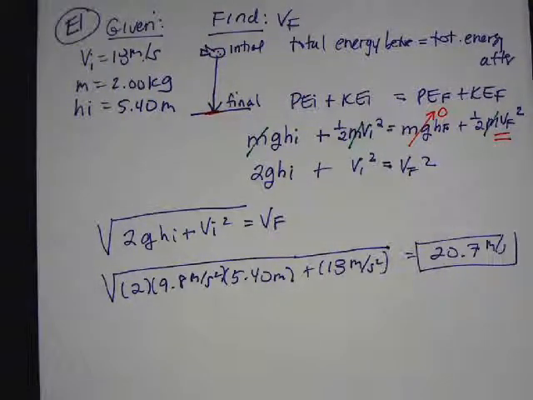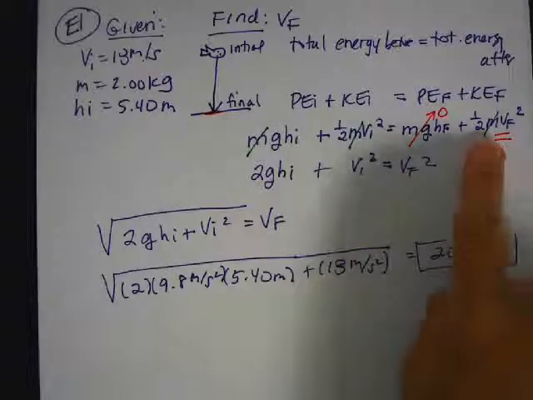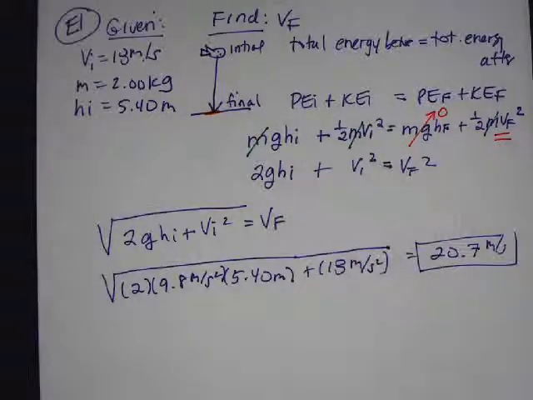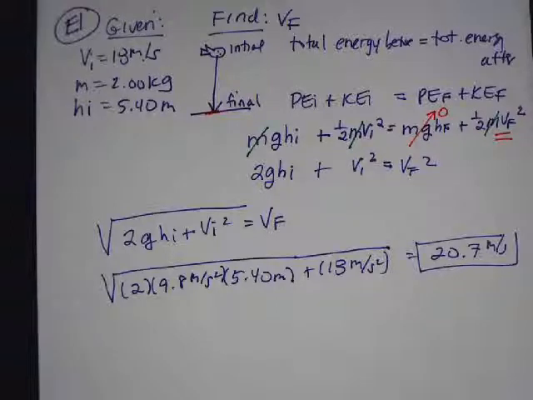You're not memorizing some long equation. Just say the total energy before is equal to the total energy after. The total mechanical energy is the sum of the potential and kinetic. I know potential energy is mgh, and kinetic energy is 1/2 mv squared. If you do it step by step like that, you won't have any problem finishing this homework.